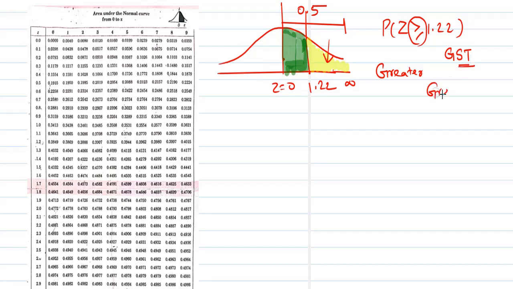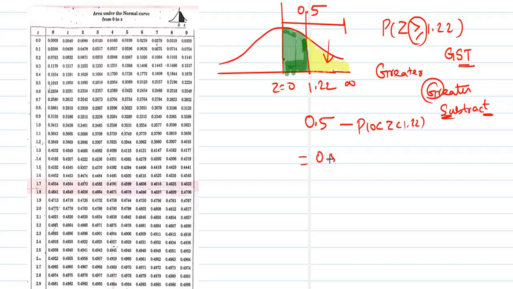So when you have a greater amount, you will have to subtract. From which value will you subtract? GST, you will have to subtract it from 0.5. So from 0.5 you subtract the value from 0 to 1.22. So keep in mind, whenever you have greater, you subtract, GST.